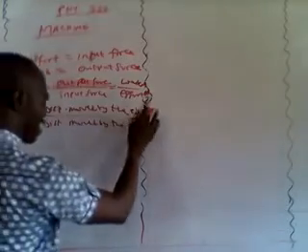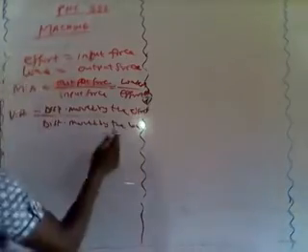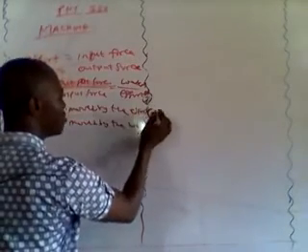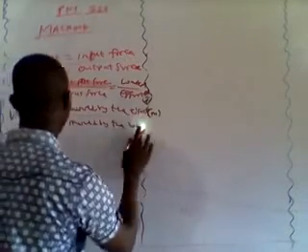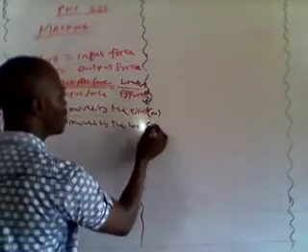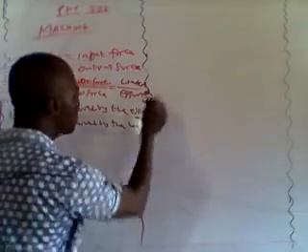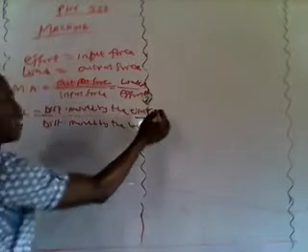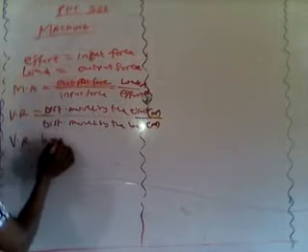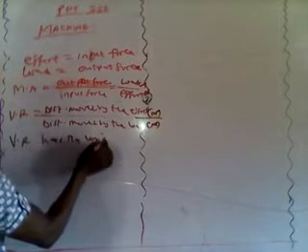So here again, because velocity ratio is the ratio of two distances, the unit of the distance moved by the effort will be in meters. Don't forget that the unit of distance is meter, while the unit of distance moved by the load will also be in meters. So because it's the ratio of two distances, meter cancels meter. So we can also conclude that velocity ratio has no unit.